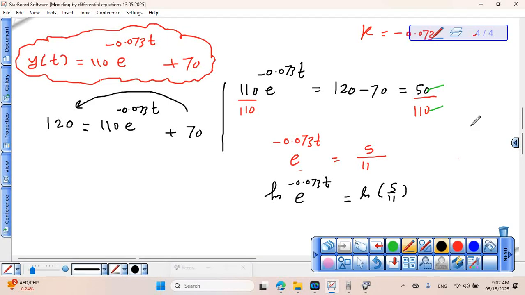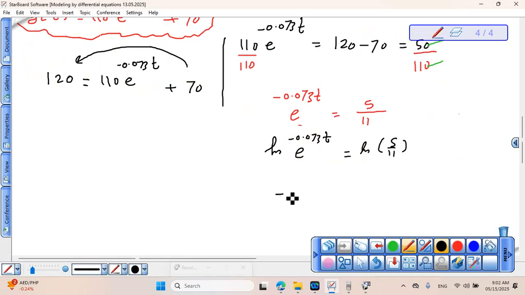Divide both sides by negative 0.073 to get the answer.